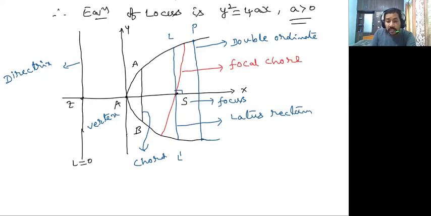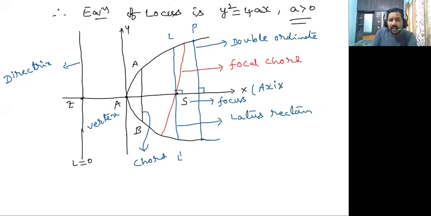The chord passing through the focus perpendicular to the axis is called the latus rectum. The chord passing through a point on the parabola perpendicular to the axis is called a double ordinate. Now the line passing through the focus is called the axis.